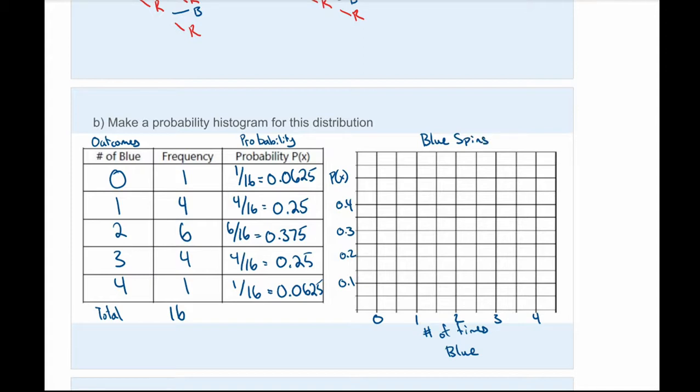So looking at the probability for this then, for 0, it's 0.0625, so just a little bit above halfway. For 1, 0.25, so roughly there. For 2, it's 0.375.